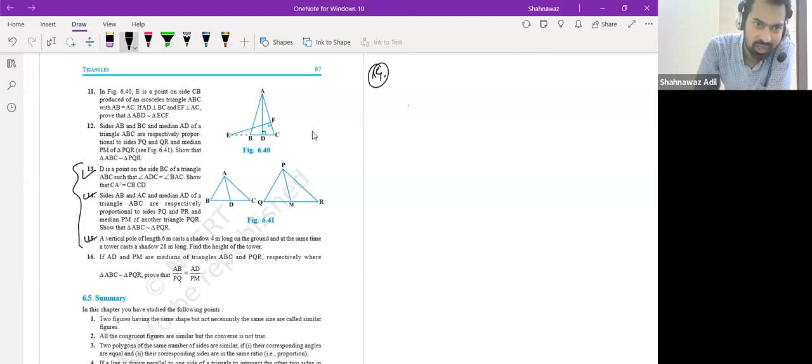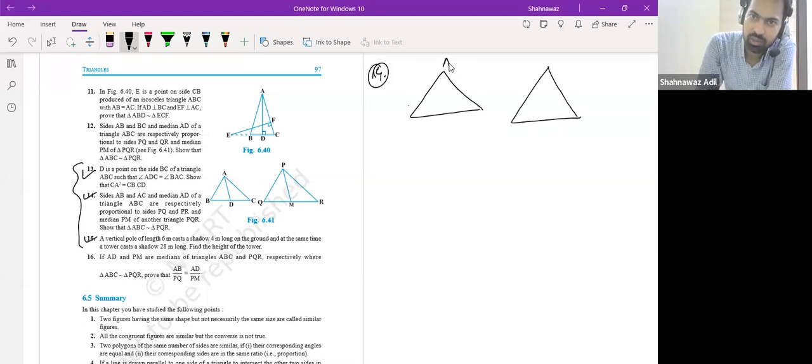We have a side AB and AC and a median AD of a triangle ABC are respectively proportional to sides PQ, PR, and median PM of another triangle. So first, let us make the two triangles. We have this triangle and we have this triangle, right?